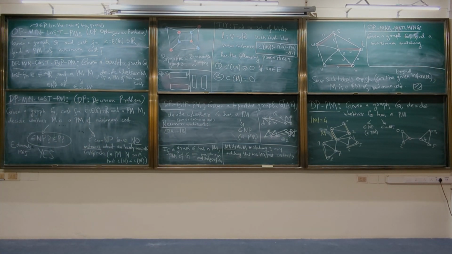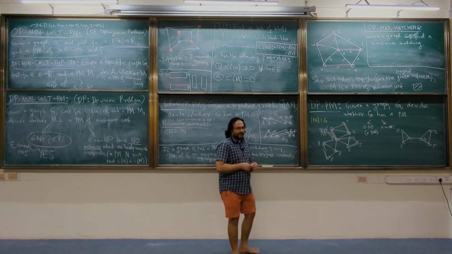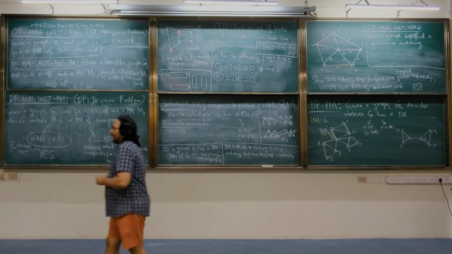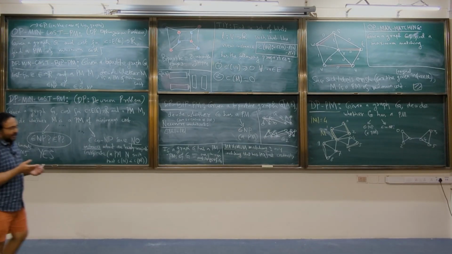See if you can find, do it now, which one has a perfect matching and which one doesn't. Draw them. Maybe both of them have a perfect matching, maybe neither of them has, I don't know. I mean, I do know, but anyways.